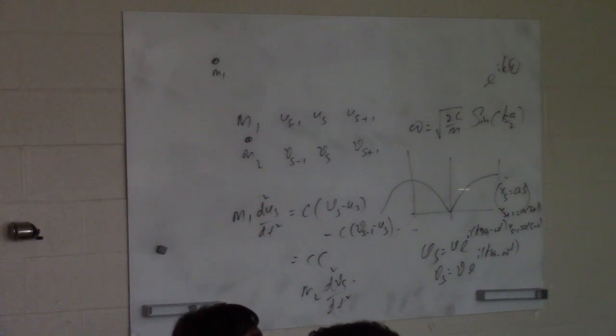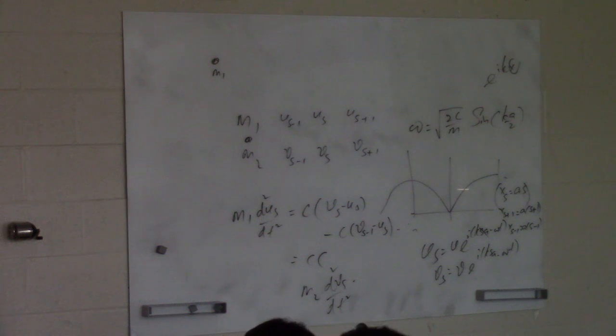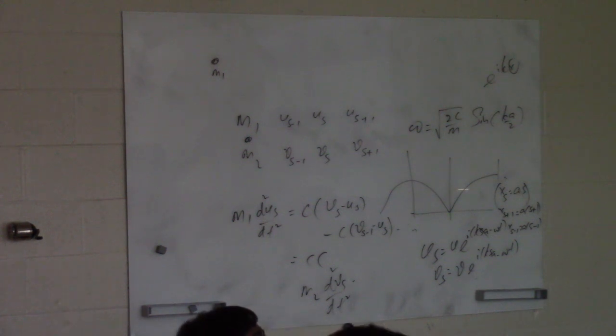So this is actually a quadratic equation in omega squared, right? You know how ax squared plus bx plus c equals 0. So then your x is minus b plus or minus the square root of b squared minus 4ac, divided by 2a, right?